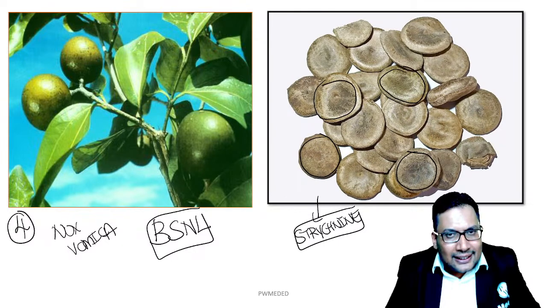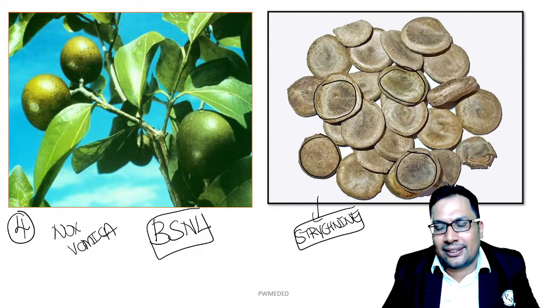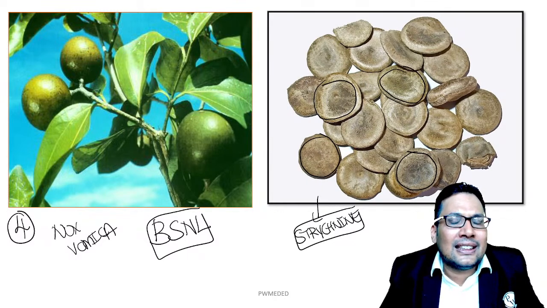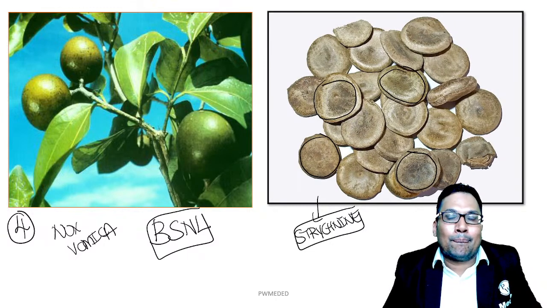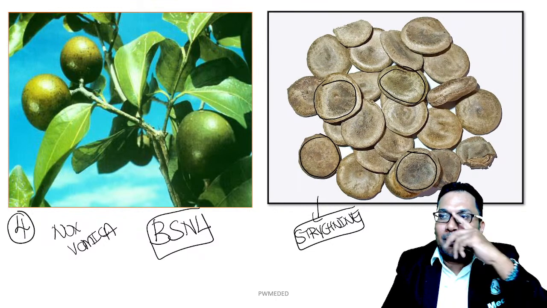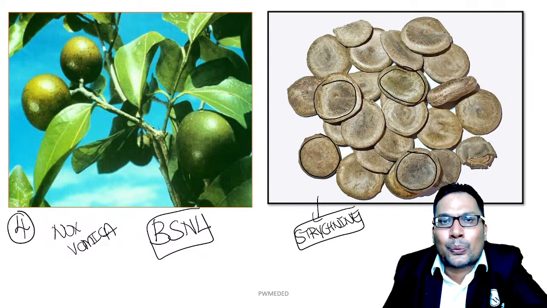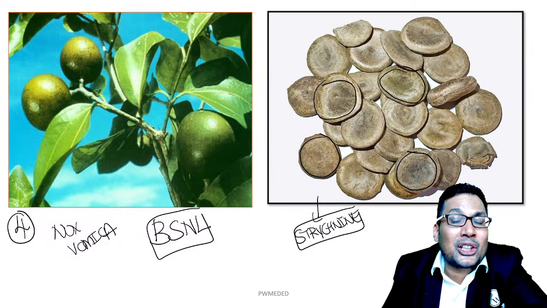Fatal dosage is 1 gram. It resembles tetanus. It is the postsynaptic inhibition of glycine in the spinal cord. It is not presynaptic, it is postsynaptic. Nux vomica is equal to BSNL. It is bitter in taste, that's why it causes emesis, vomiting, because of the bitter taste.